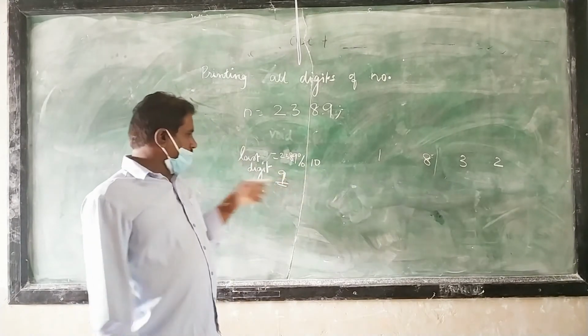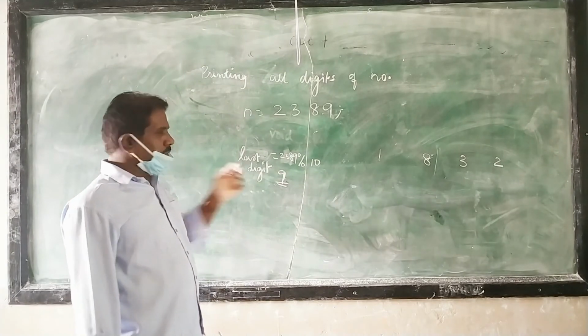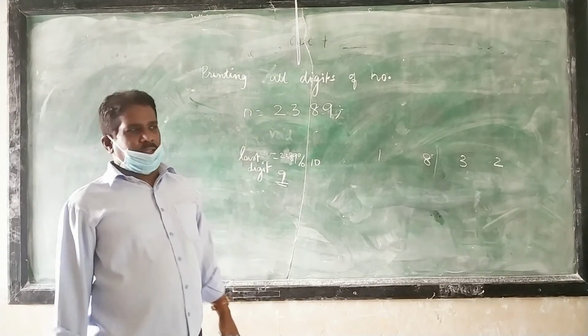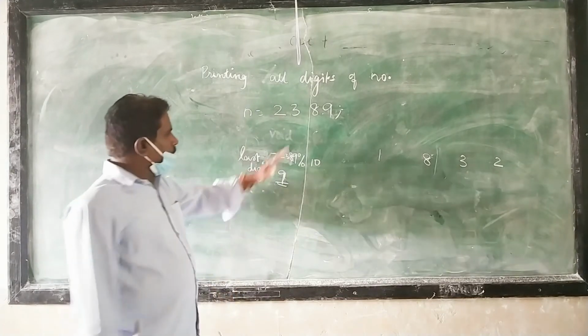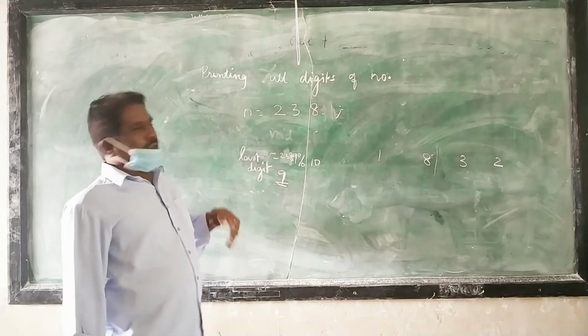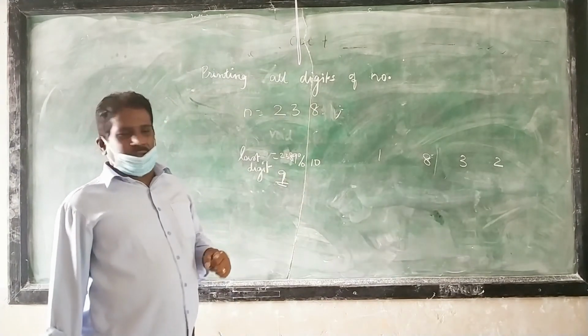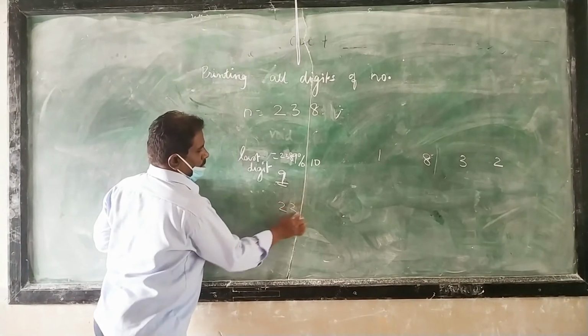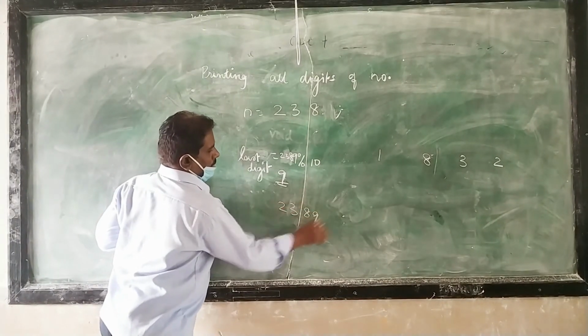So by this calculation, we can get the last digit of any number. And how can we remove the last digit from the number? Very simple. What you have to do? 2389 divided by 10.